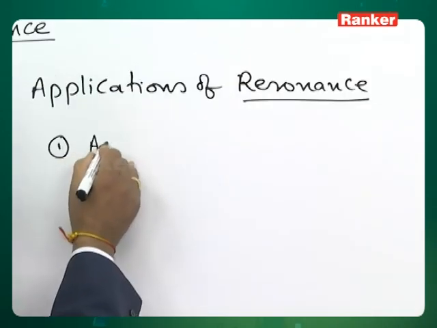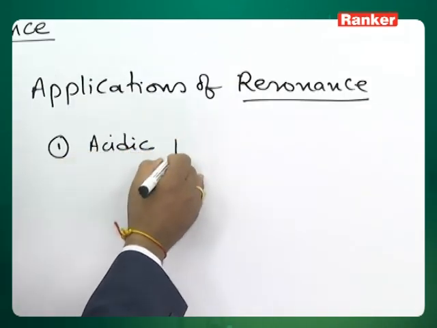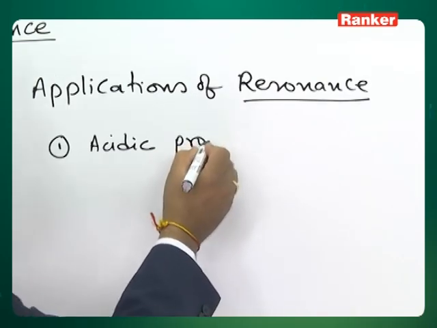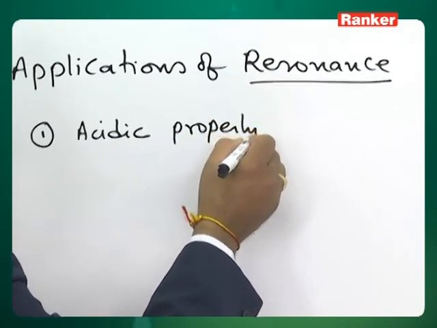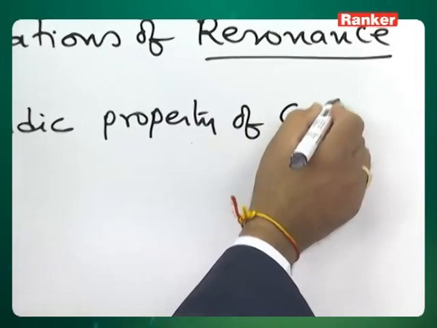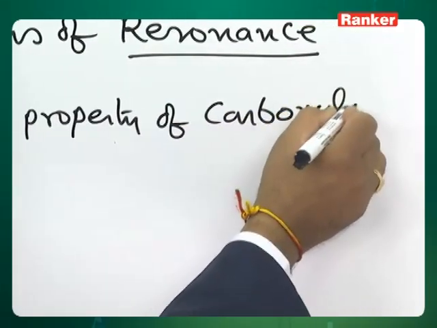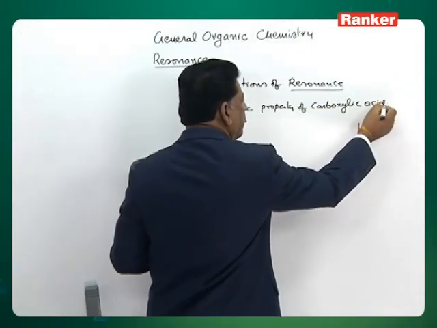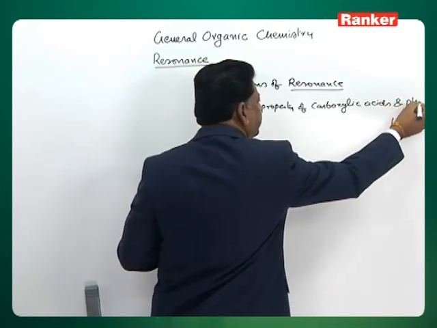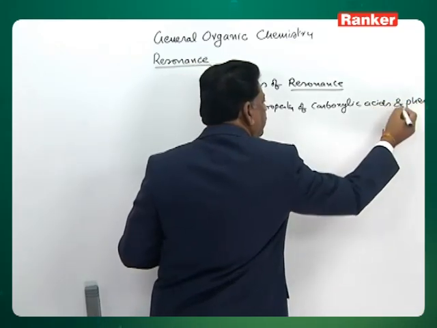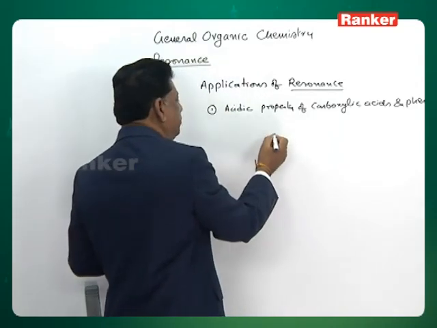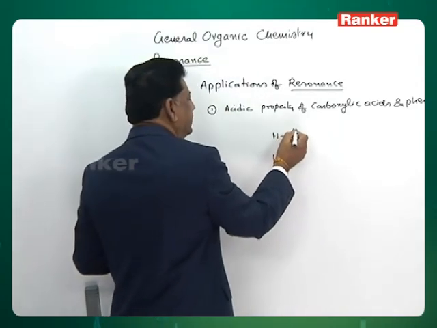It is the acidic property, or acidity, of carboxylic acids and phenols. These two compounds, let us examine. I take formic acid.